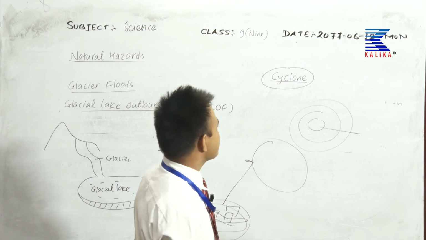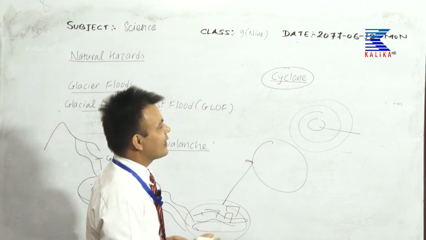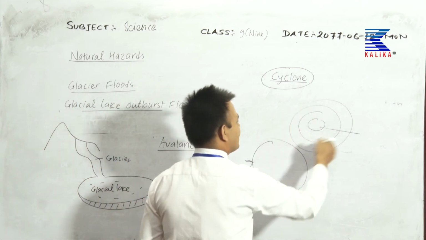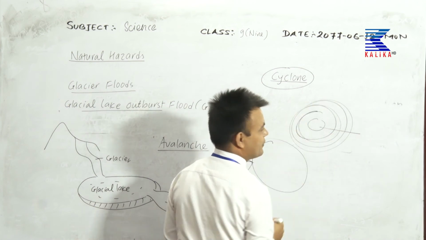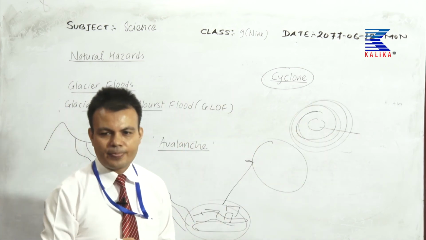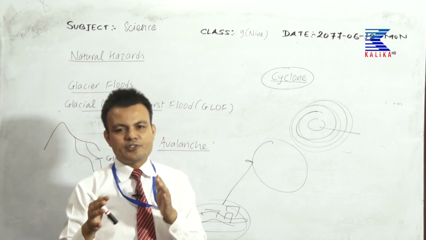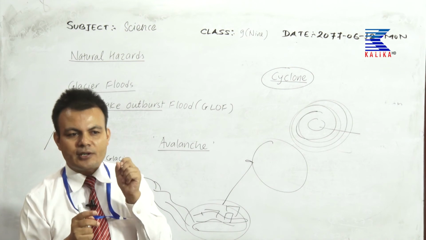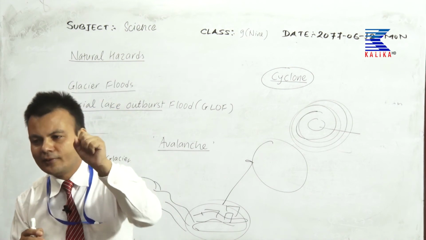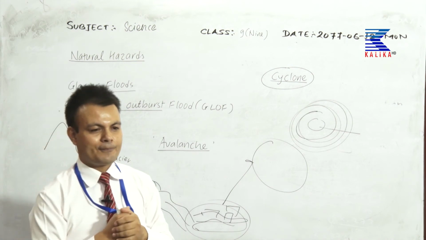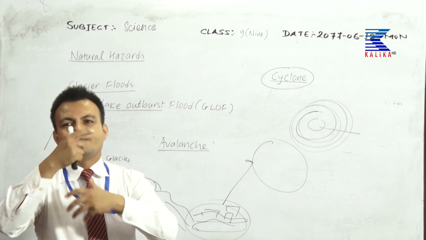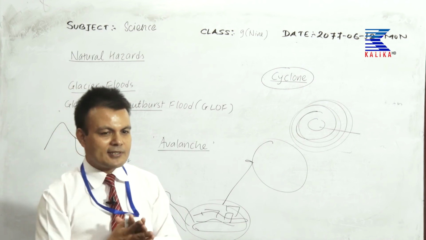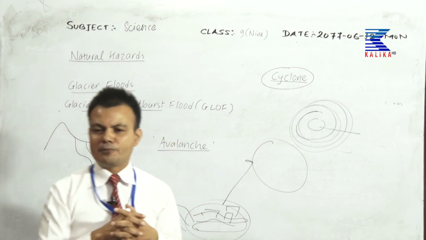So what is a cyclone? A cyclone is a circular fluid motion. Especially it starts in any part of the ocean because of a change in temperature, that of the upper level and lower level. When it becomes massive and contains a large amount of energy, it becomes devastating.